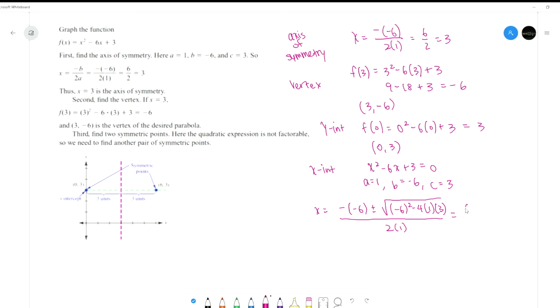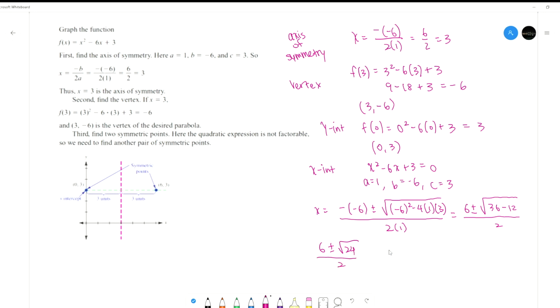Okay, so that gives us positive 6 plus or minus, this is 36 minus 12 over 2. Right? So you can see this is going to come out to 24 here, right? So this is 6 plus or minus radical 24 over 2.